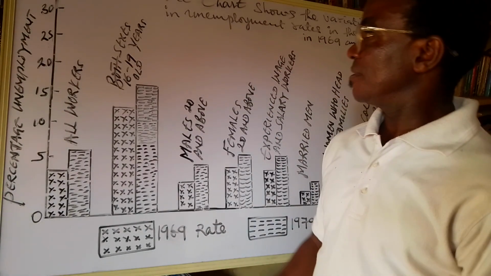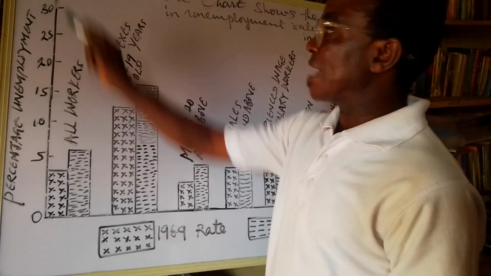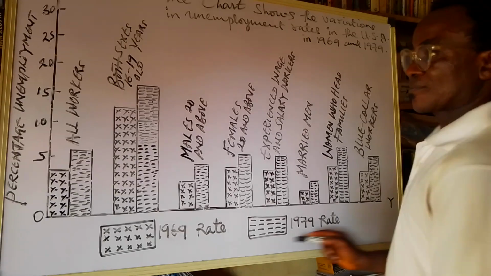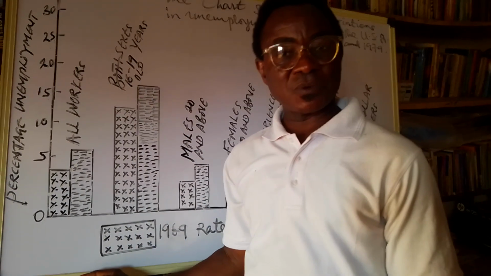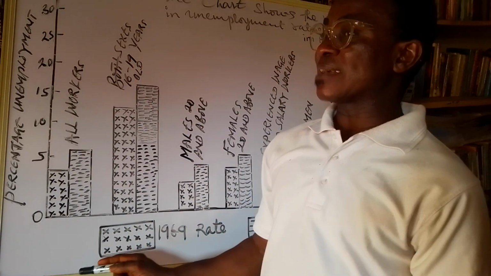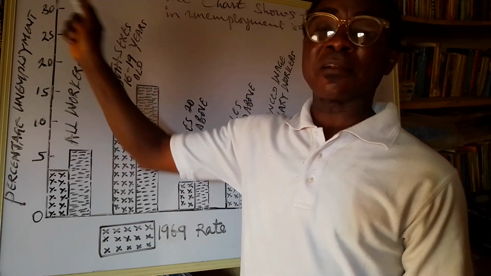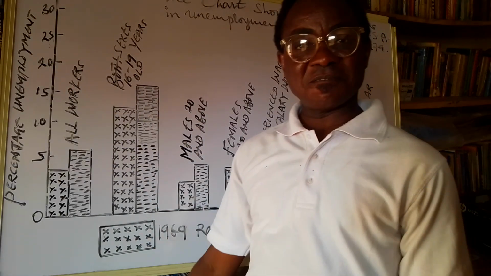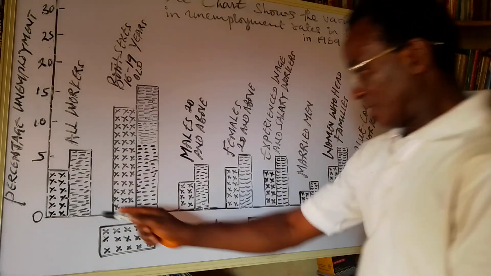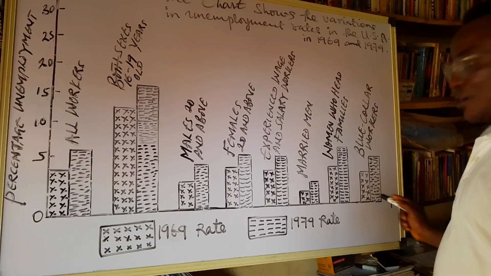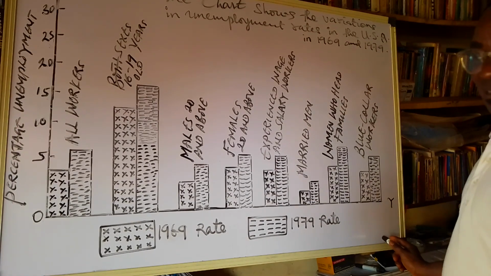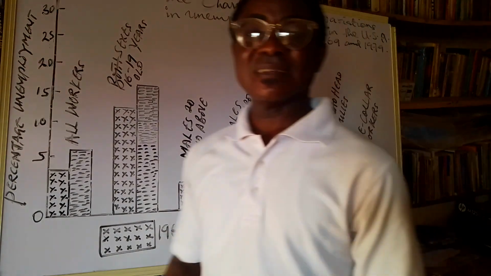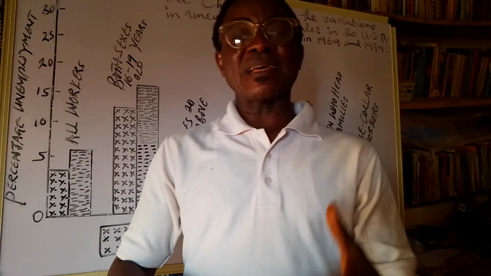First, a chart of this nature has two axes. The first, the vertical axis, is known as the x-axis and represents the dependent variables. The second, the horizontal axis, also known as the y-axis, represents the independent variables.